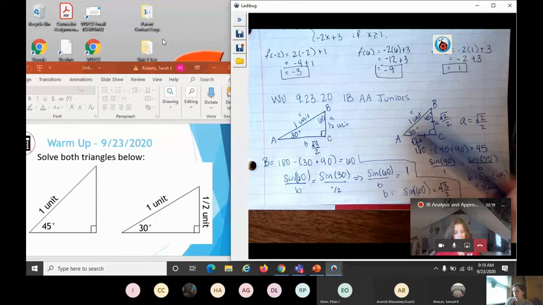Okay, and then what else can we figure out? So once we have that, can we figure out any of the other sides or angles? We can figure out the last angle, the third angle. What is it? So it's 80 plus 60 is 140, minus 180 is 40 degrees.